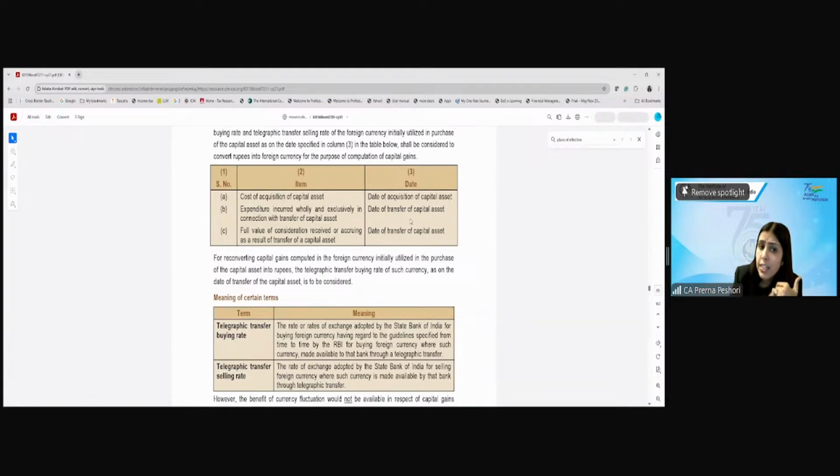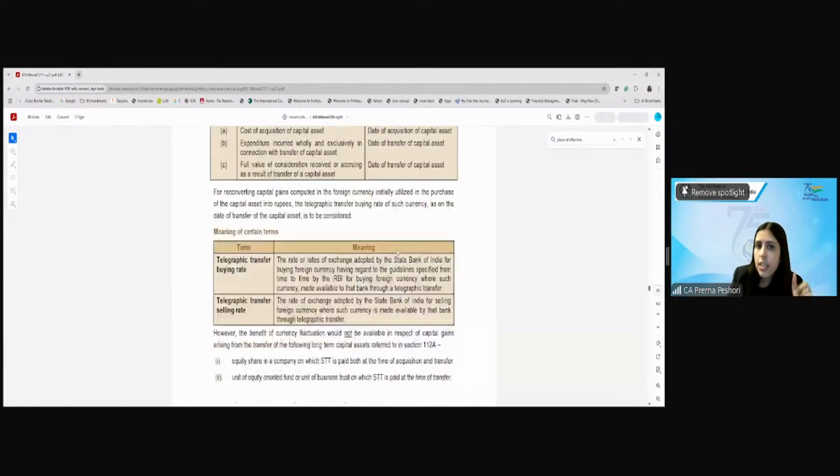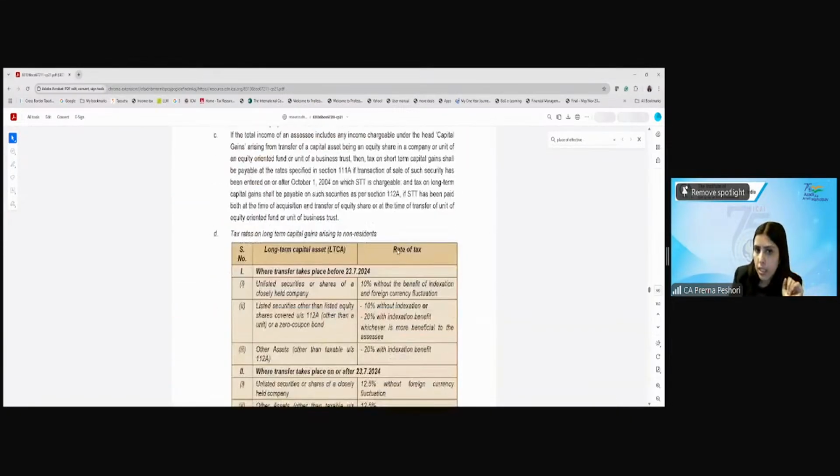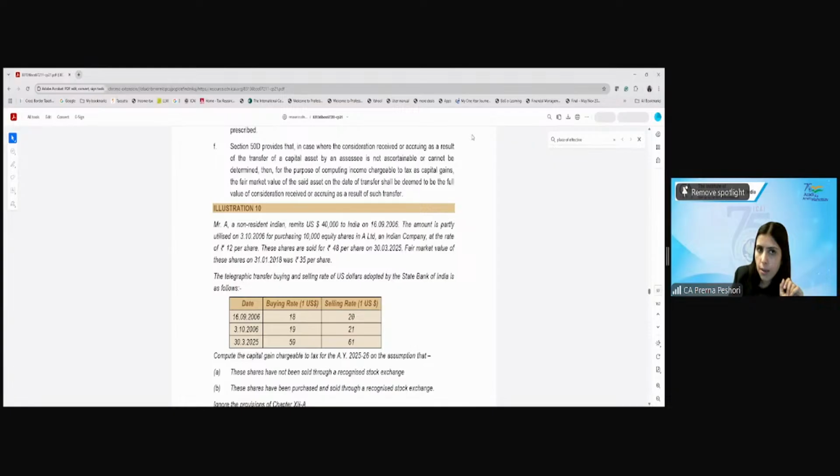SBI, average of SBI TTBR and TTSR. You will convert every amount into the foreign exchange, calculate the capital gain, reconvert the capital gain into INR using the TTBR, and then that will be your final capital gain. Are we clear? Let us understand again through the sum.